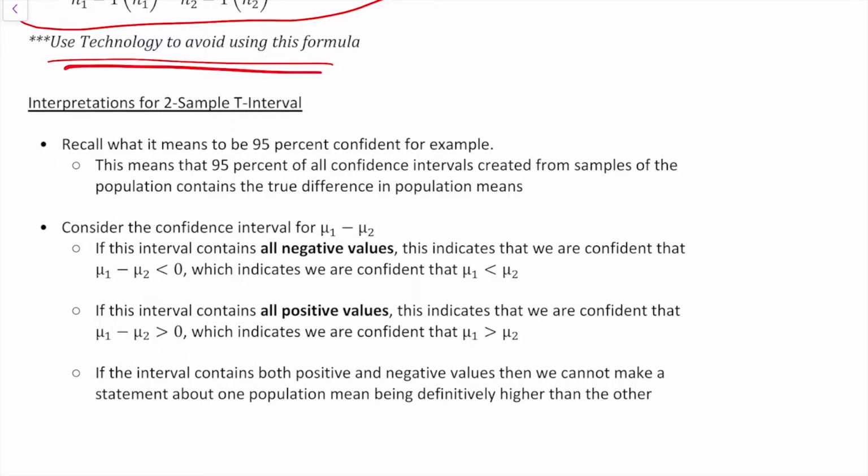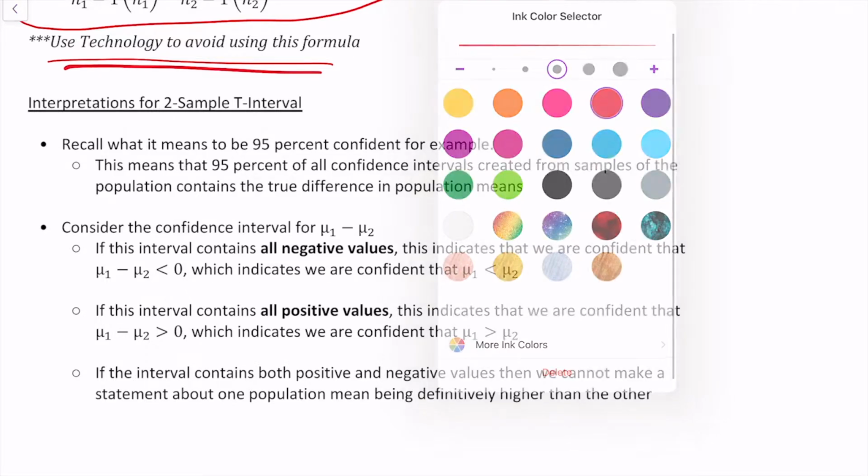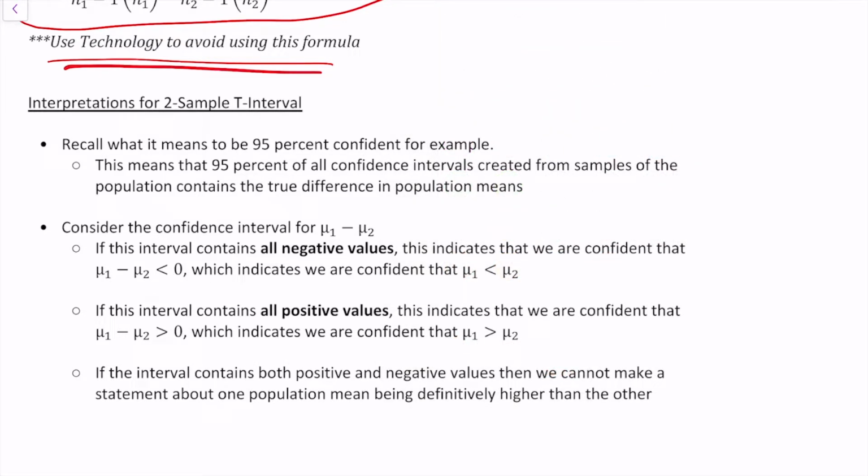All right. Also, since we're dealing with the difference between two different populations, we have these other useful interpretations. For instance, if our confidence interval contains all negative values, remember, we're trying to estimate mu1 minus mu2. If the interval contains all negative values, that indicates that we are confident that mu1 minus mu2, the difference between the population means, is negative.